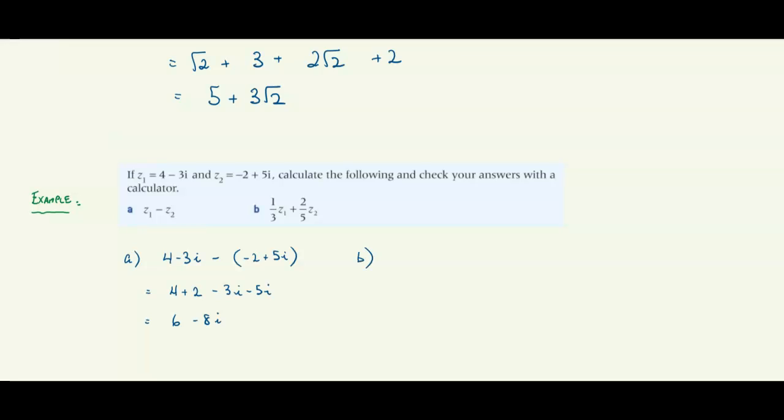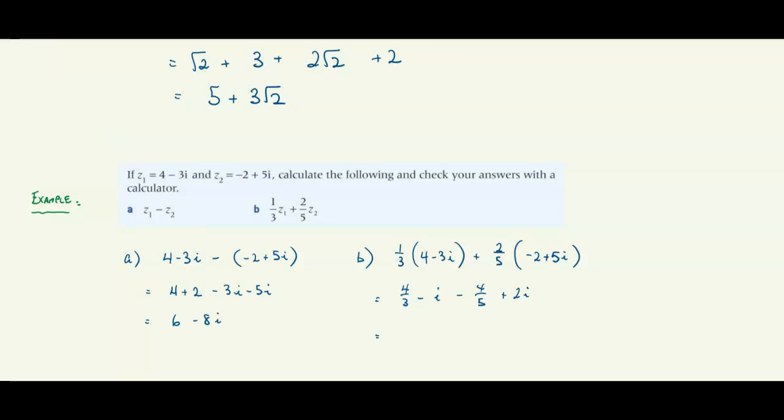So in part B, 1/3 of Z1. We're going to take 1/3 of Z1, which is 4 minus 3i, and we're going to add 2/5 of Z2, which is negative 2 plus 5i. Running this through, 4/3 minus i minus 4/5, plus 2i.